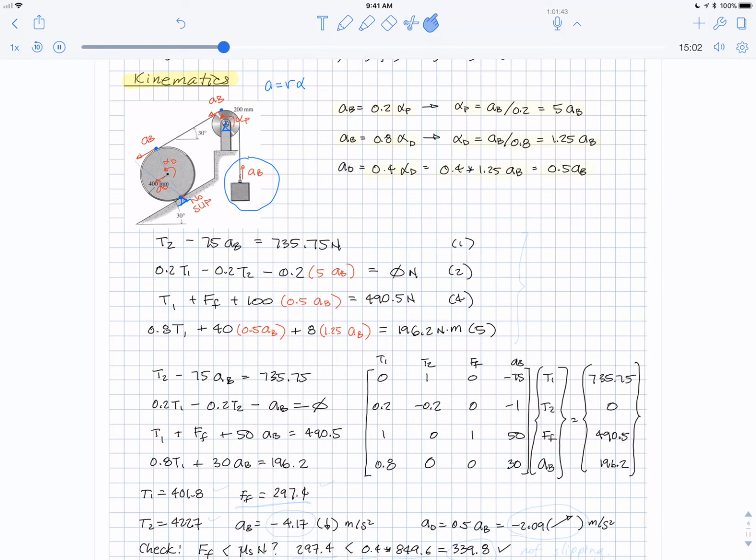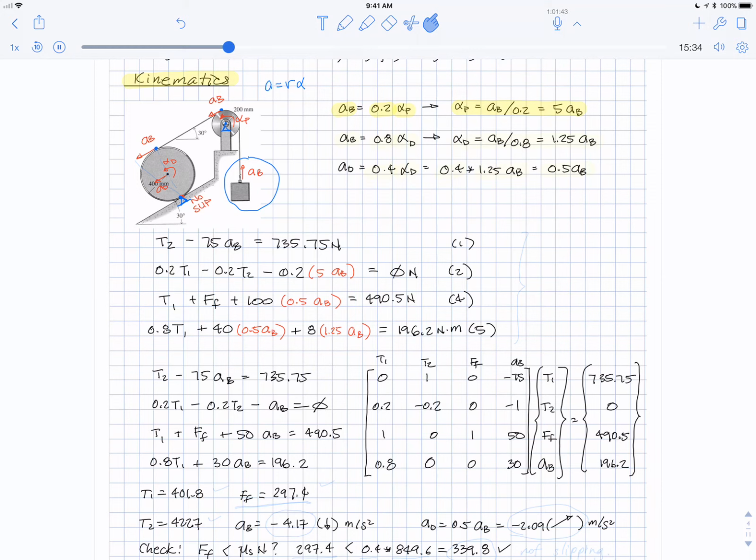Okay, so now we know r times alpha will be the acceleration, and we can do some things. The tip of the pulley is going at a block, so a radius of 0.2 times alpha of the pulley will equal a of the block. I decided to make everything in terms of a block to get rid of three unknowns. Solving for alpha of the pulley, you get a block over 0.2, or 5 a block.